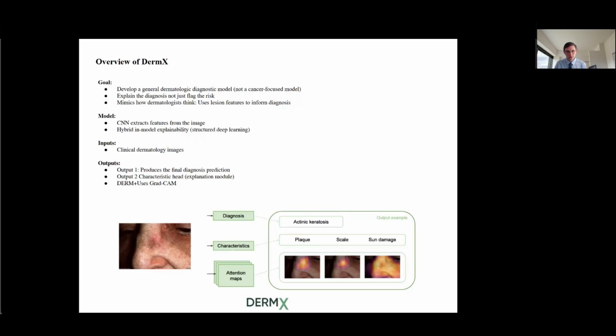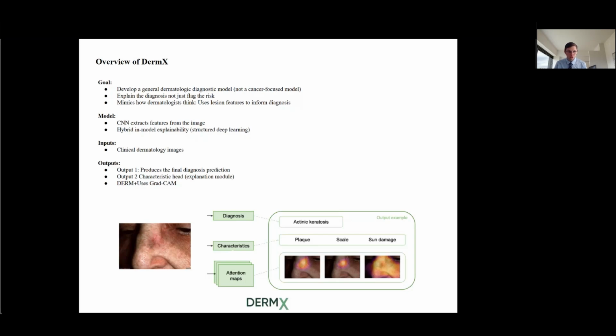It uses a process of describing skin lesion features to inform the specific diagnosis. The model that it uses, unlike a deep neural network, is a CNN. A CNN extracts features from the image itself. And in this specific model, it uses a hybrid in-model explainability feature, so it's a structured deep learning model.